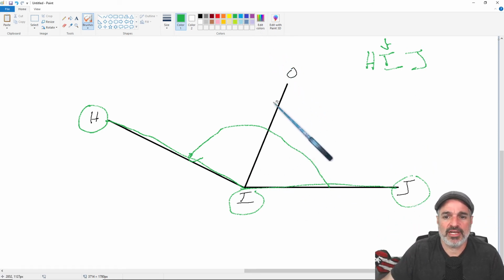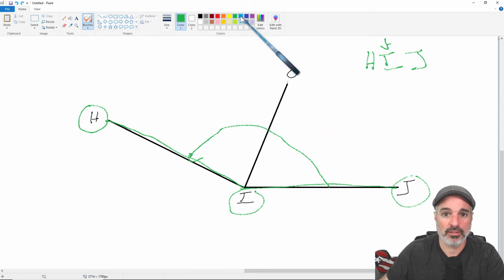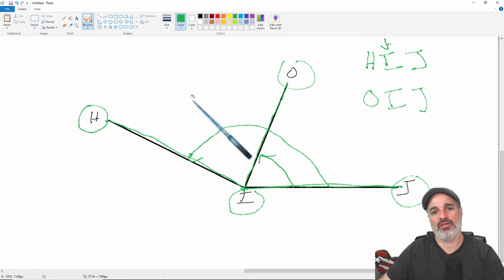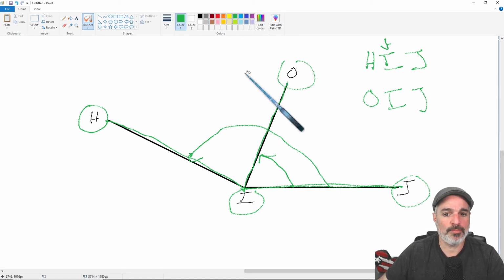And you can say, Mr. S, I also see an angle here, O. Oh, wait. I also see an angle here. Well, okay, I can see an O, I, J. O, I, J. And that would be this small angle here. And finally, you see one more angle.